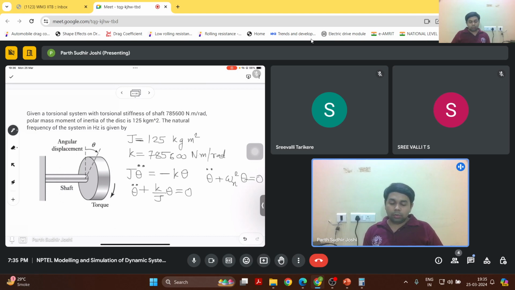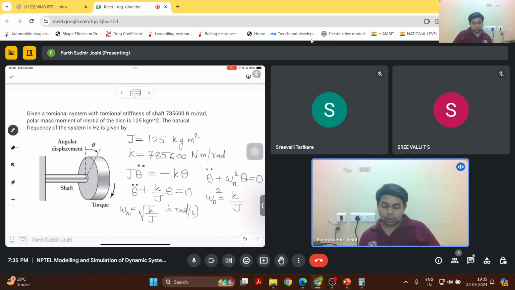By comparing the coefficients, we can say that omega n squared, where omega n is the natural frequency, is basically K by J. This is in radian per second. For hertz, we need to divide it by 2 pi. So let us call that Fn. It will be 1 by 2 pi root of K by J.